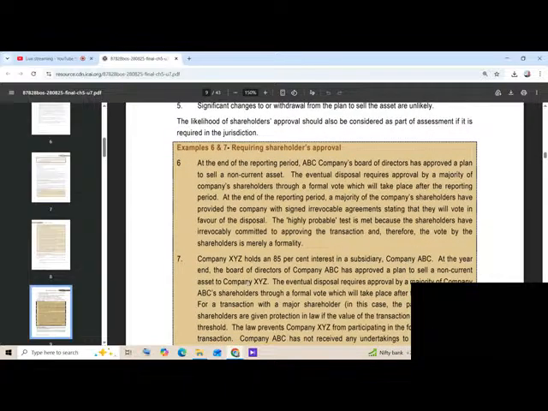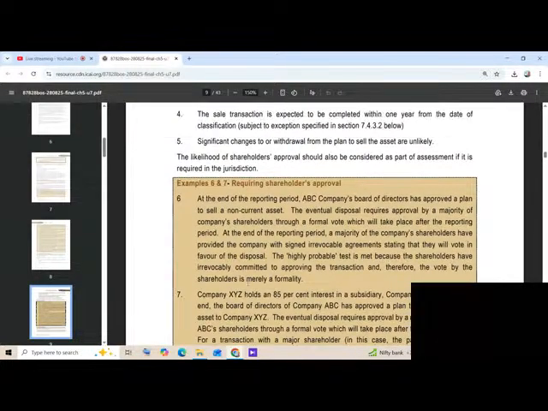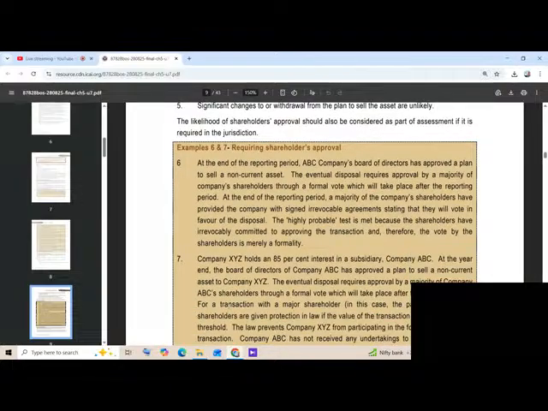Examples 6 and 7 involve requiring shareholders' approval. At the end of the reporting period, ABC Company's board of directors has approved a plan to sell a non-current asset. The eventual disposal requires approval by a majority of the company's shareholders through a formal vote which will take place after the reporting period.